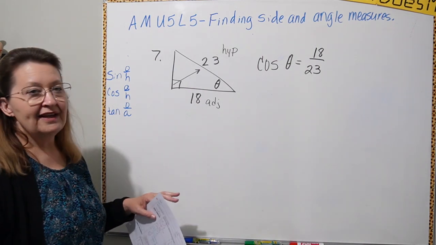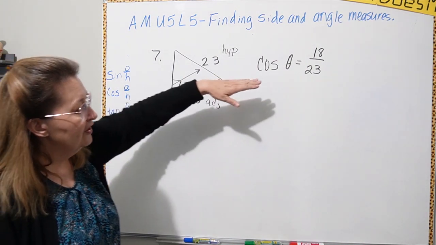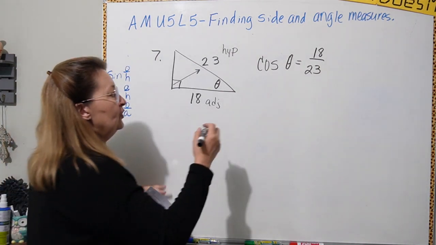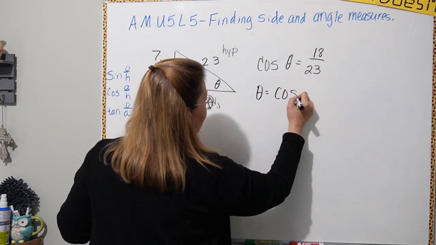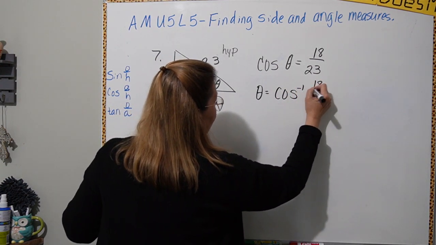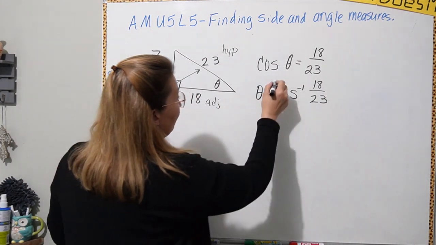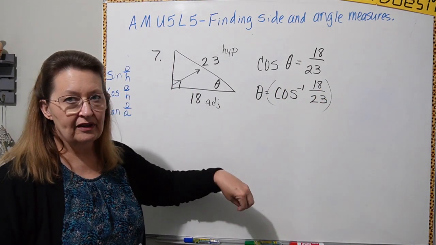Now we're going to use that definition that we just did that said if you have cosine theta equals some number, some ratio, you can rewrite that as theta is equal to inverse cosine of 18 over 23. Now believe it or not, this is just a number. So how do you get this out of your calculator?